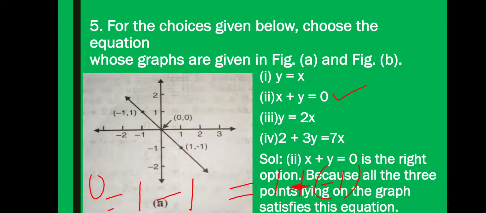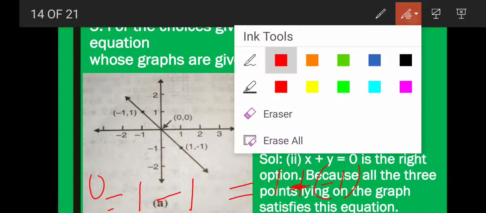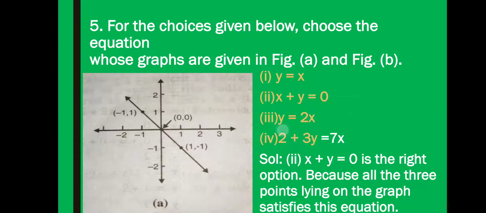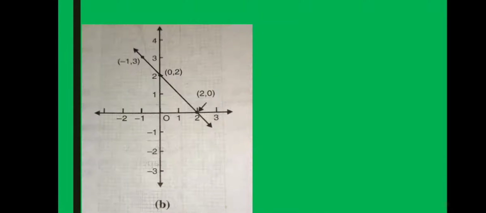Okay, so second option, that is x plus y is equal to 0, is the right option, because all the 3 points lying on the graph, that were -1 comma 1, 0 comma 0, and 1 comma -1, satisfy the given equation. That means second option is the right answer.